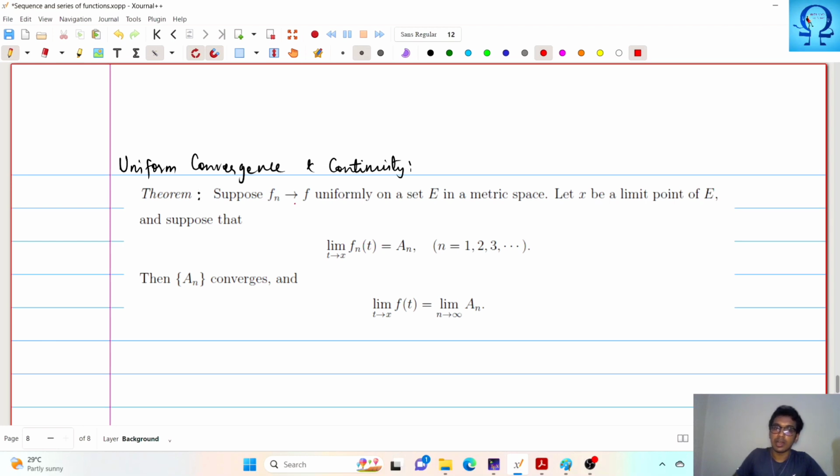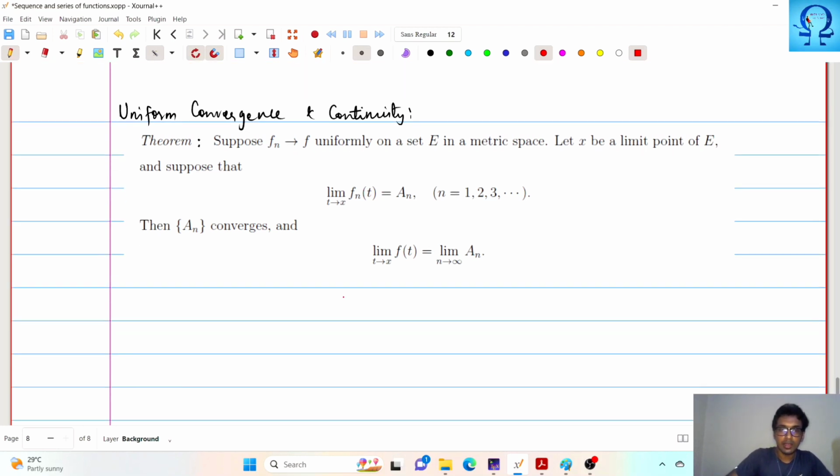this an forms a sequence which converges, and the limit of this sequence would be the same as that of the limit of convergence. In other words, what we can write is that the limit as t approaches x of f(t) is the limit as n approaches infinity of fn(t), isn't it?